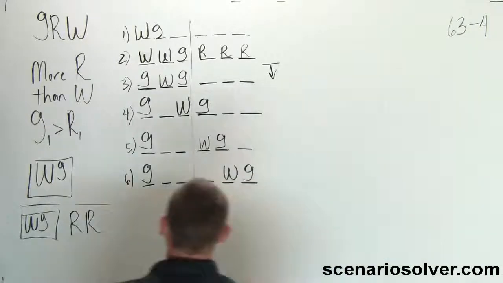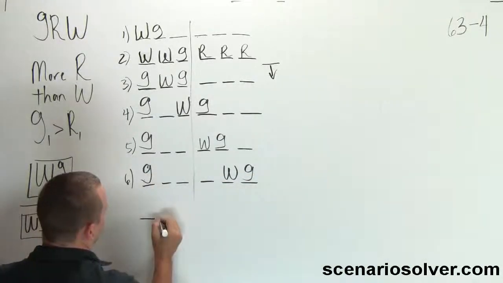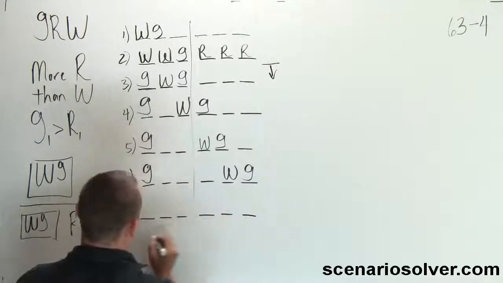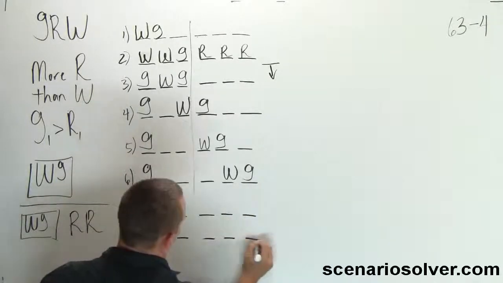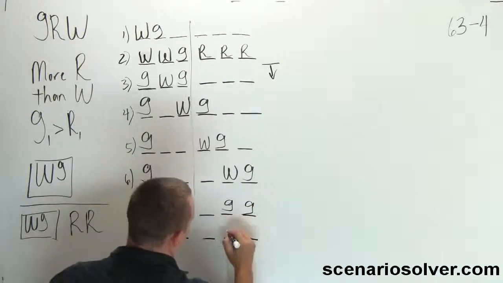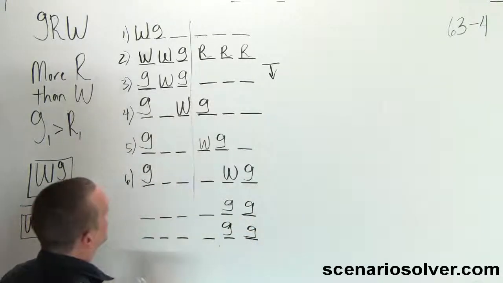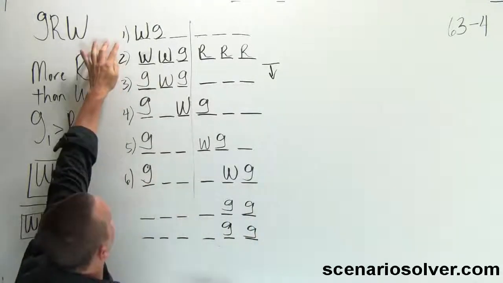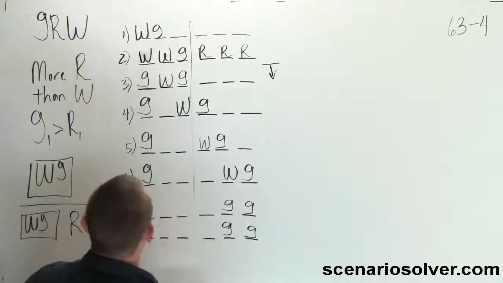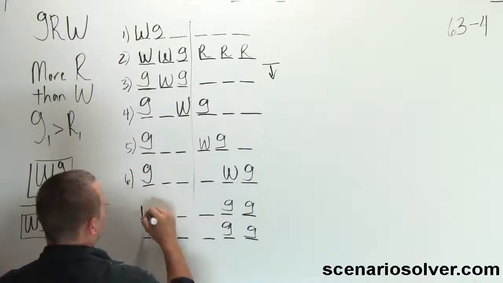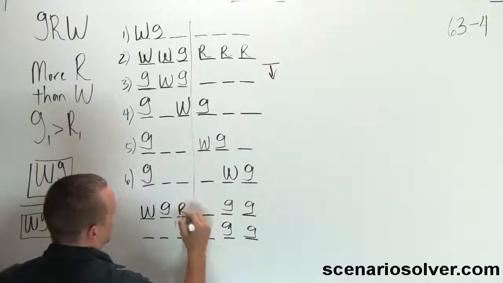Okay, so what we need to do here is come down and use our scenario templates that we've created. So if we have green balls in 5 and 6, where can that happen? Well, it could happen in scenario 1. If you look there, we could have a WG there, and we'd end up with actually 2 R's.